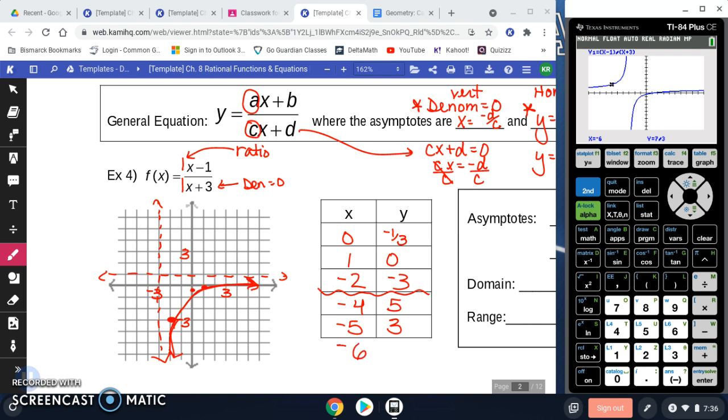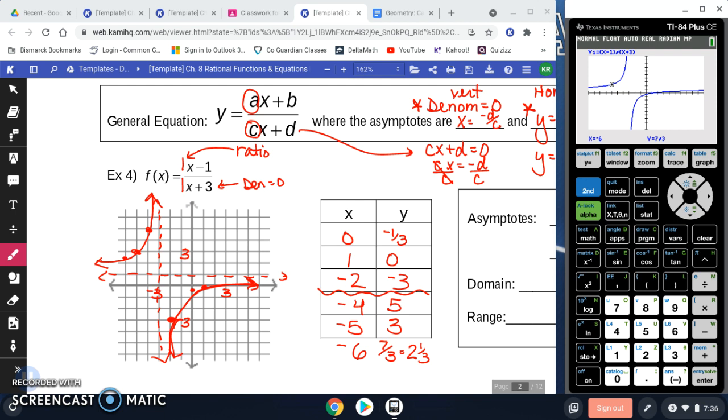Negative 6 is 7/3. So 7/3, that's 2 and 1/3. Okay, so let's sketch those in. There you go. So, kind of gives you a nice sketch of your hyperbola.